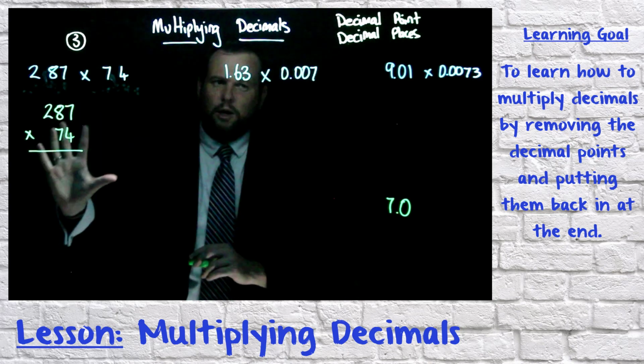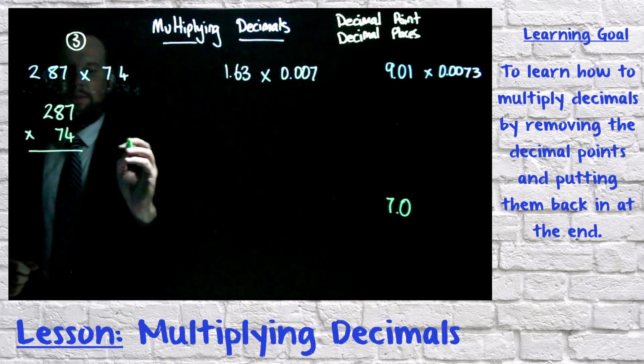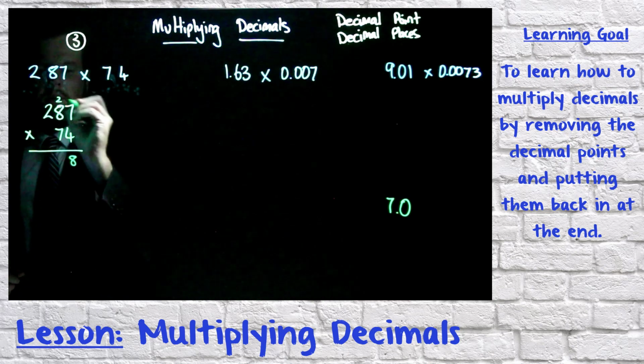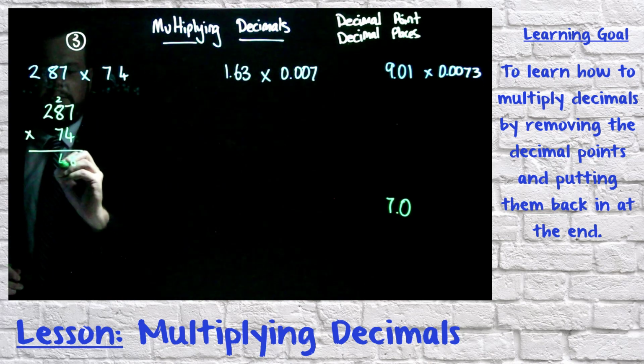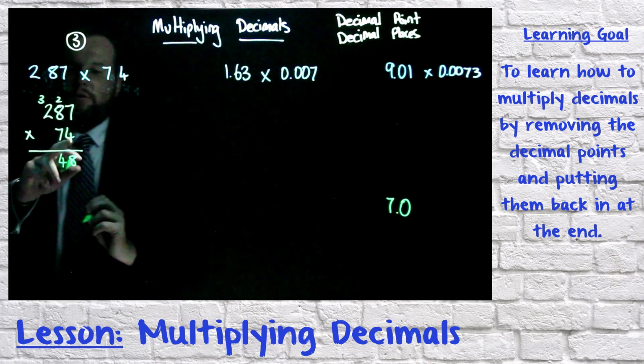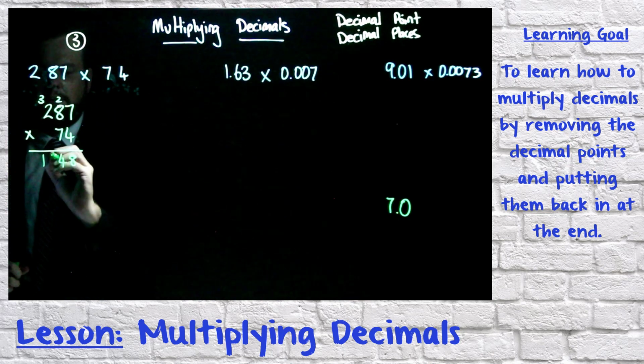So, remembering how we use this algorithm, 4 times 7 gives me 28, 4 times 8 gives me 32, plus that one gives me 34, 4 times 2 is 8, plus 3 gives me 11.